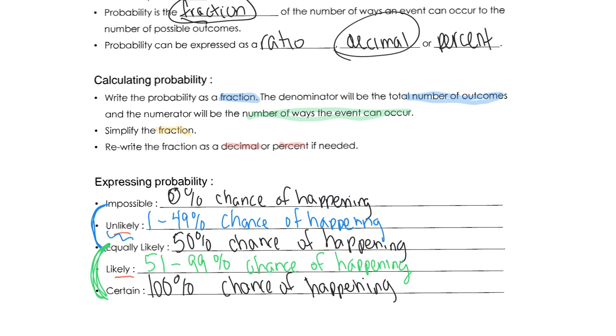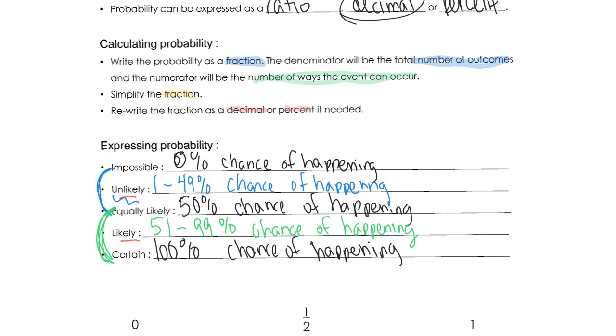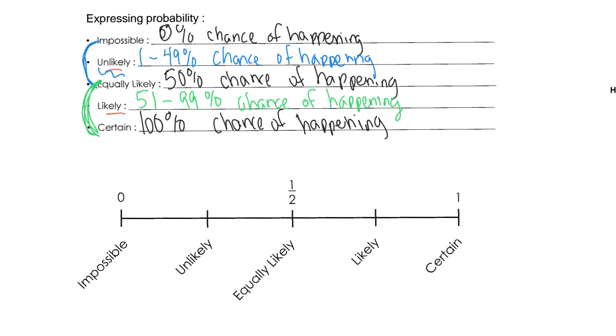Okay, so scrolling up a little bit. Here's kind of a bar of understanding. So there they are in fractions, but to give you it in percentages, impossible is a 0% chance.